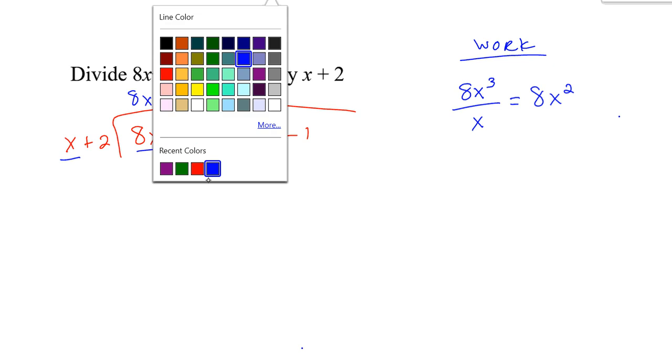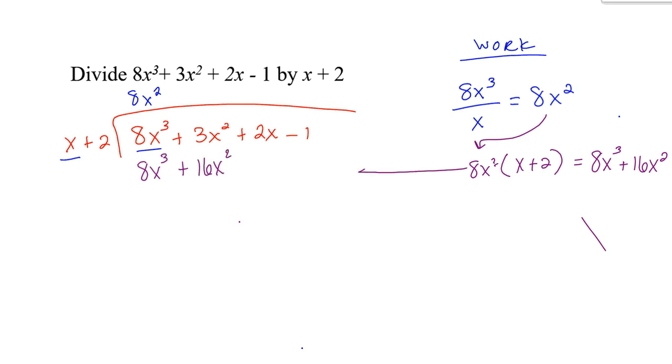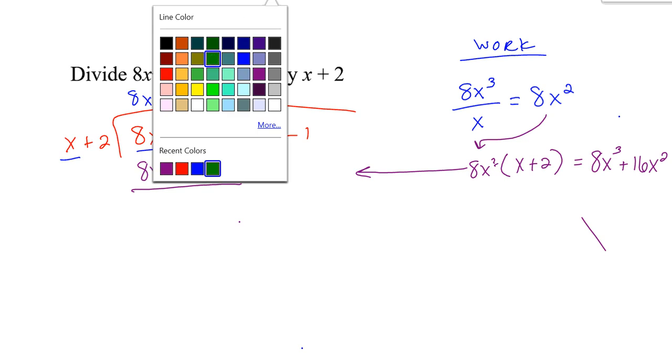Okay, second step is to take that and distribute it through the outside. That is 8x cubed plus 16x squared. That gets written right below. Okay, and then we're going to subtract.